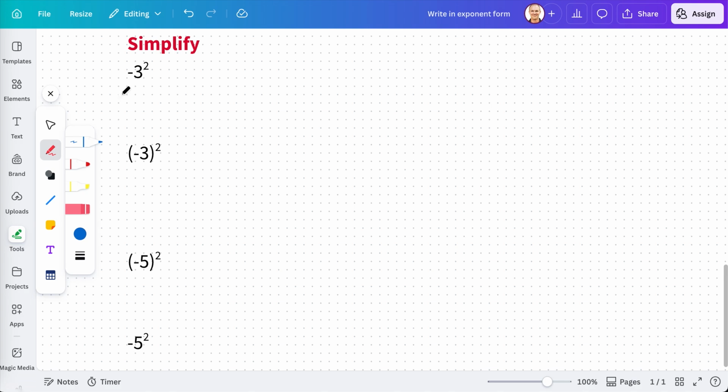So simplify. This is a little tricky, this first one, because this is really -1 times 3 squared. So the 3 squared is going to be 9, and then times -1. So this will be -9, I believe. Let me just check.